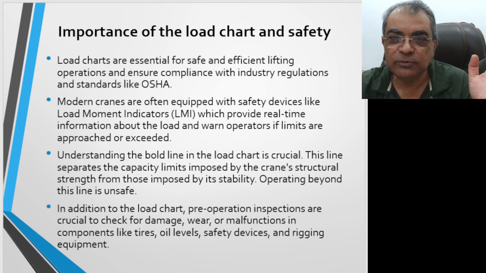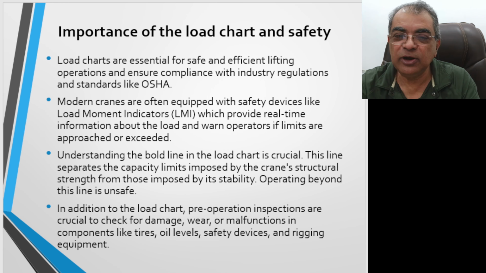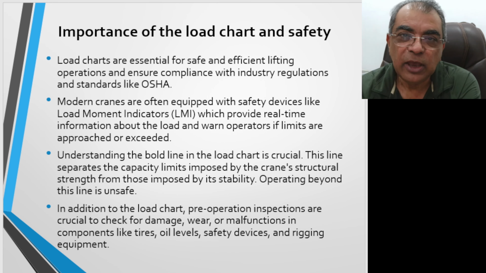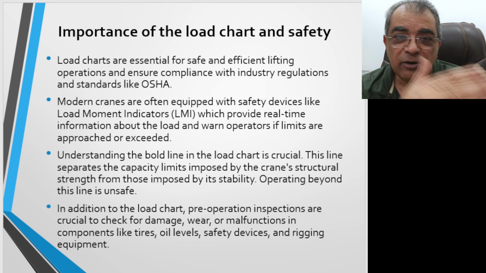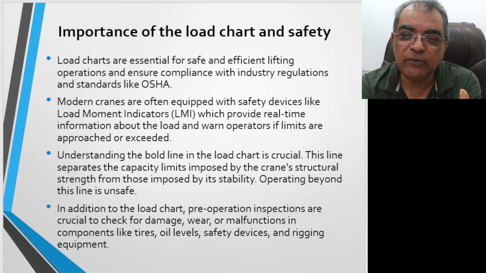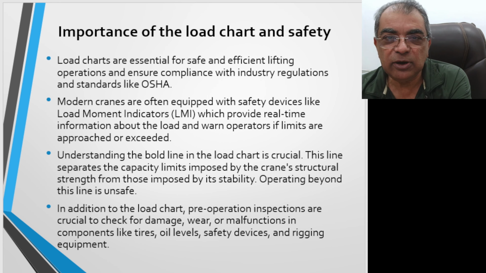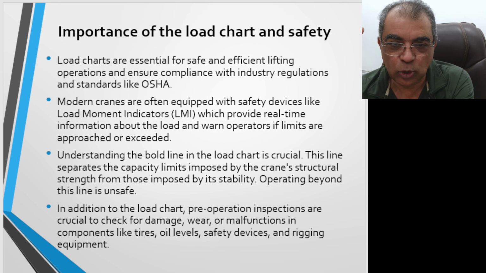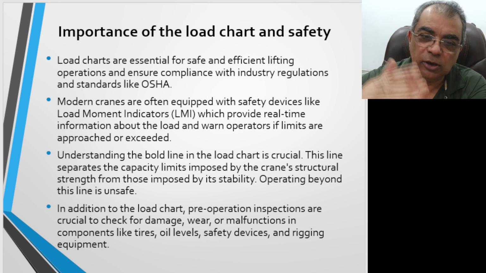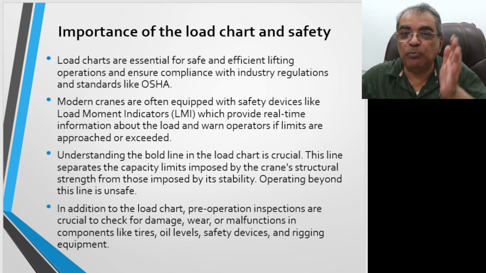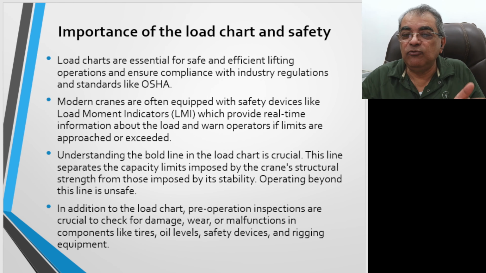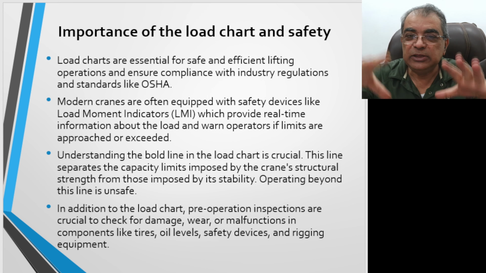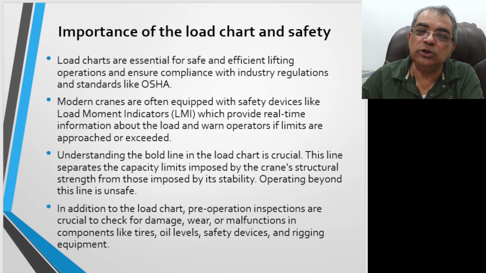And also, it will not lift. But in the lifting plan, definitely you have to mention at what configuration and at what radius the crane has to lift. For example, if you have to lift a 35-ton load, turbines or anything, where you can park the crane, what is the operating radius, that determines what type of crane you need.